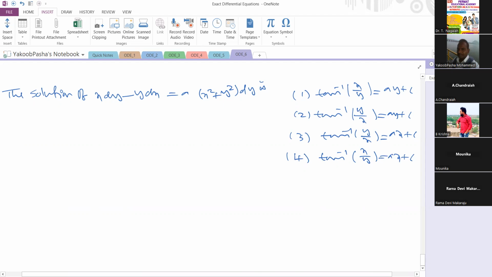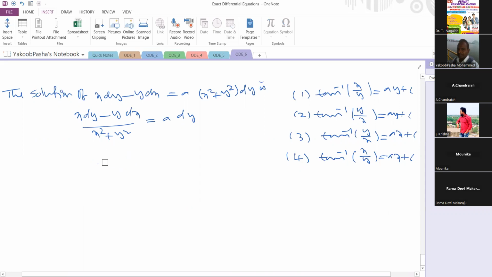Now this differential equation, first you have to divide with x square plus y square here. So this can be written as x dy minus y dx divided by x square plus y square, that is equal to a into dy. Now integrate.